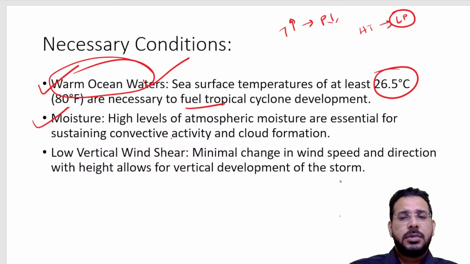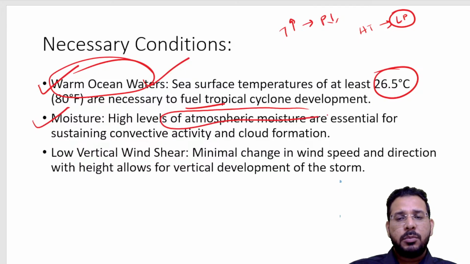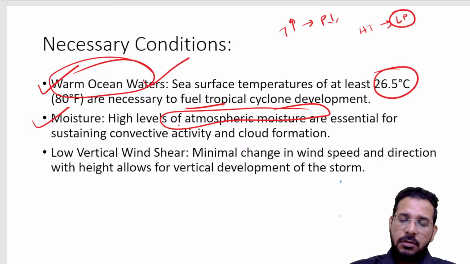Then moisture. We need a high level of atmospheric moisture, essential for the cyclonic activity to continue, because when water vapor is raised above because of the wind movement, as it is reaching some height, the water vapor will condense.